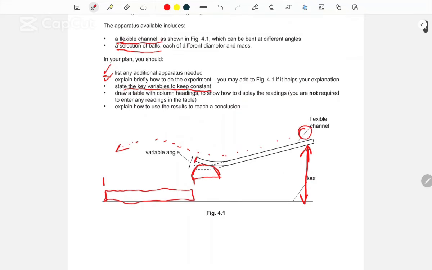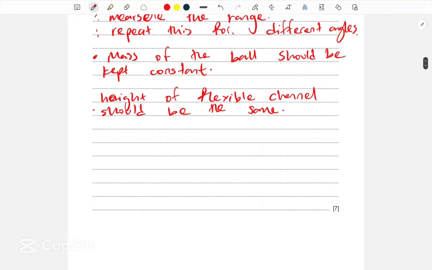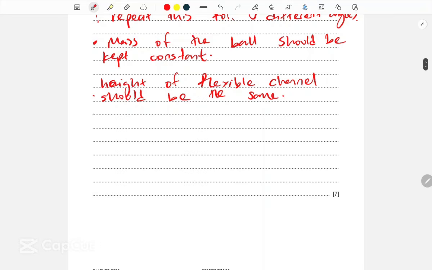So now move on to the fourth bullet point. Draw a table with column headings to show how to display the readings. And whenever we draw the tables, we are not required to put in any type of measurements or any values. So for the fourth bullet point, we just have to draw the table columns. So we have our table.